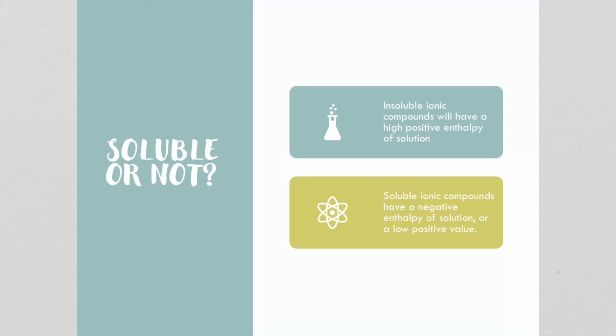To determine if something is soluble or not, if an ionic compound is insoluble, it will have a high positive enthalpy of solution, so it won't dissolve. Soluble ionic compounds have negative enthalpies of solution or a really low positive value. We'll look at an example with sodium chloride where we will actually get a positive enthalpy of solution, but it will be so small it won't matter. It still will dissolve because we know sodium chloride is soluble.